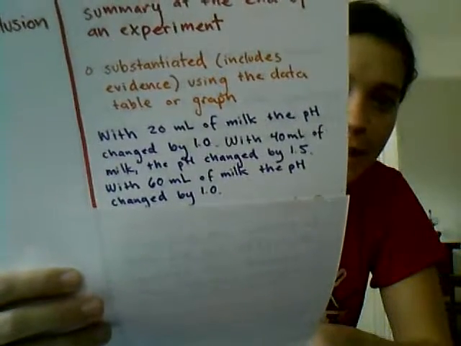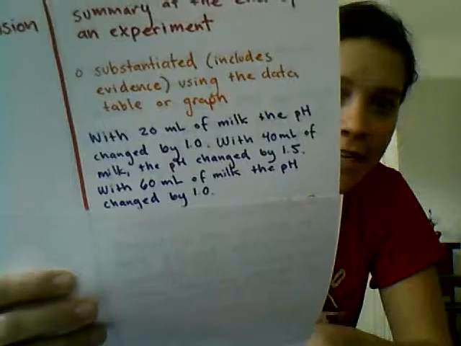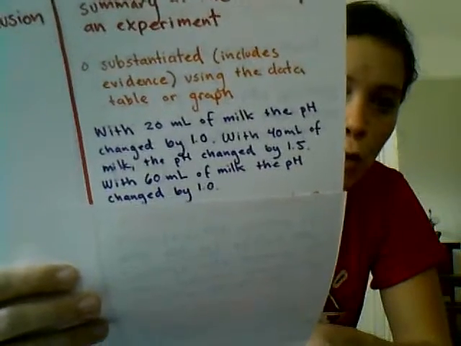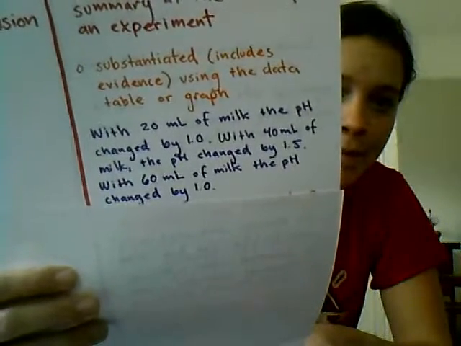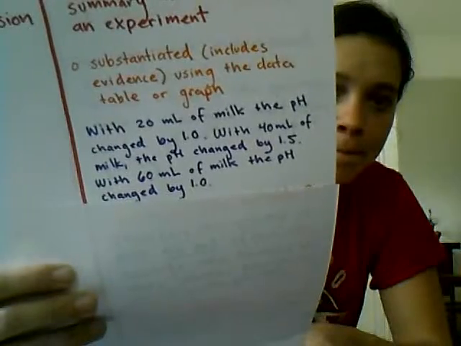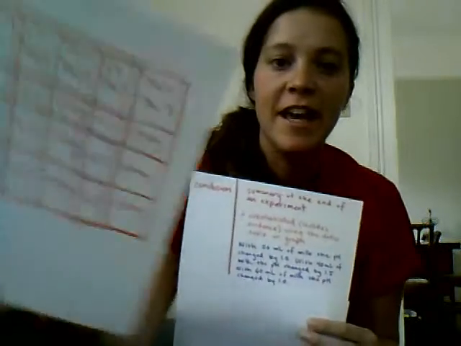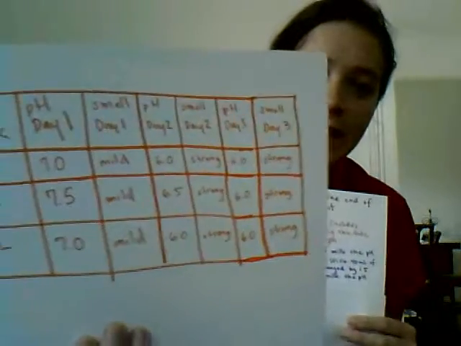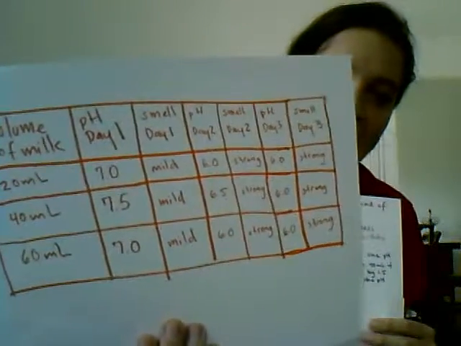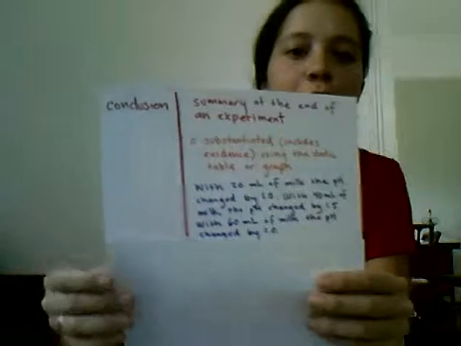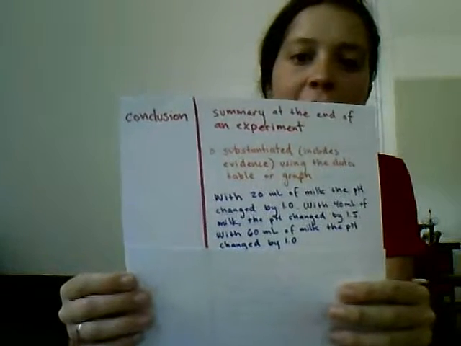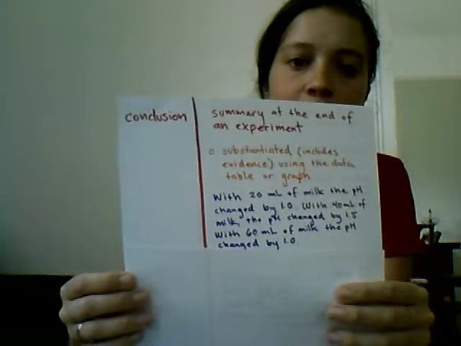With 40 milliliters of milk, the pH changed by 1.5. With 60 milliliters of milk, the pH changed by 1. All I'm doing is writing my results from my data table as the first part of my conclusion so that I can have evidence, so that it can be substantiated.